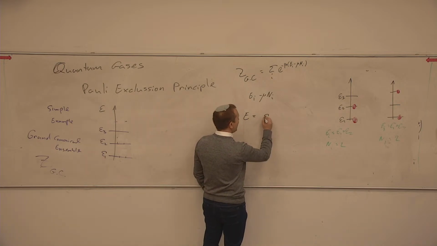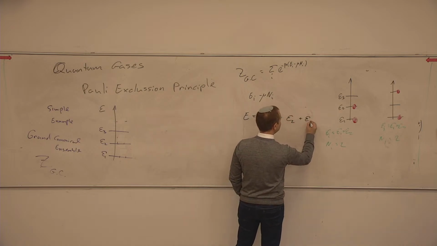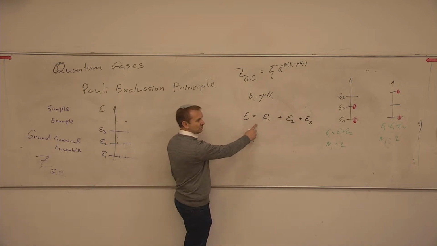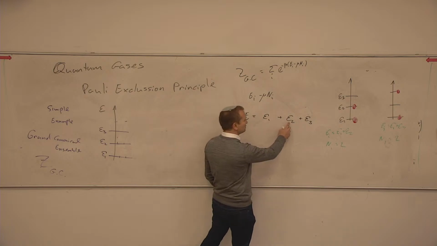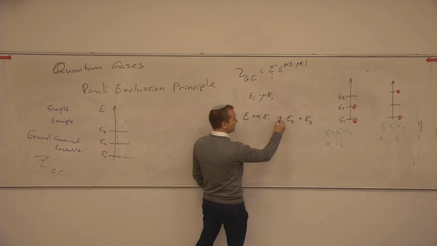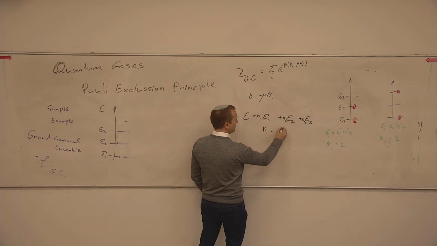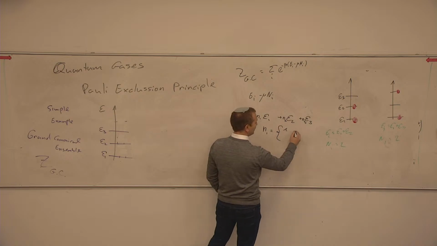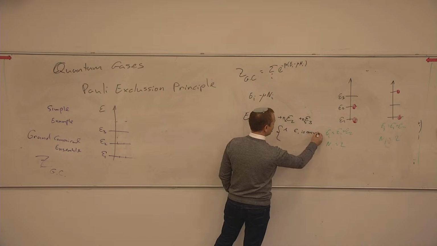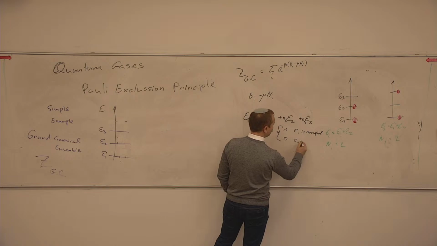It is epsilon 1 plus epsilon 2 plus epsilon 3. But it's not always just epsilon 1 plus epsilon 2 plus epsilon 3. Write this down, so it is going to involve n1, n2 and n3. What is n1? It is 1 if epsilon 1 is occupied, and 0 if epsilon 1 is not occupied.